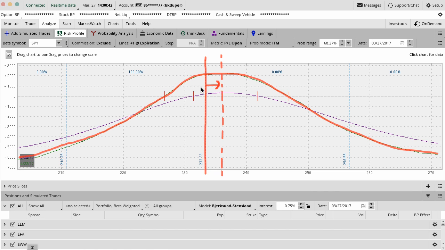So how do you counteract that? Well, you either add new bearish positions to give yourself more exposure on the bottom side of your payoff diagram, or you start removing some of your bullish positions that you already have.